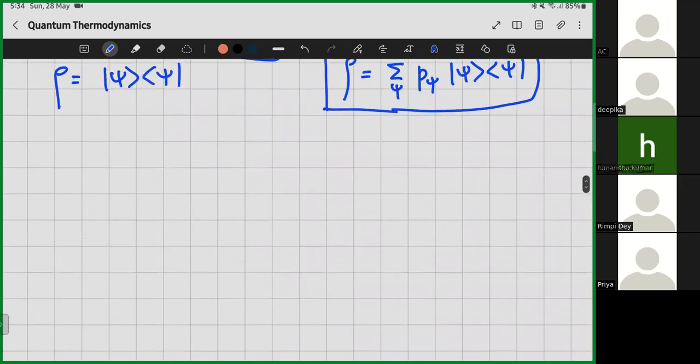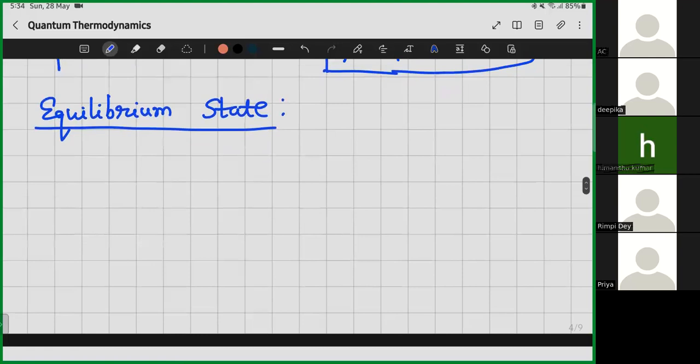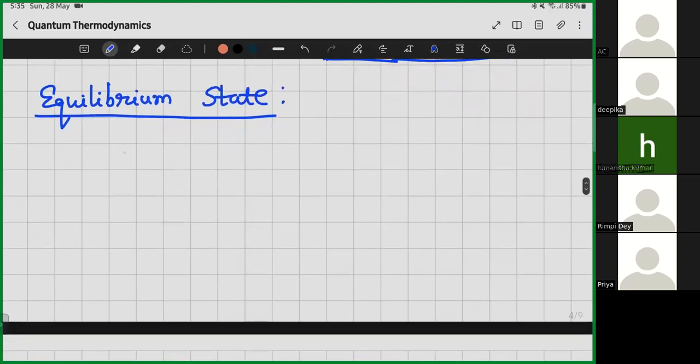First we have to define equilibrium in the quantum sense. We discussed the equilibrium state for a macroscopic, classical system, but we need to define the equilibrium state for quantum mechanics. In quantum mechanics, we know the Hamiltonian H, and we have parameterized the Hamiltonian with some lambda.